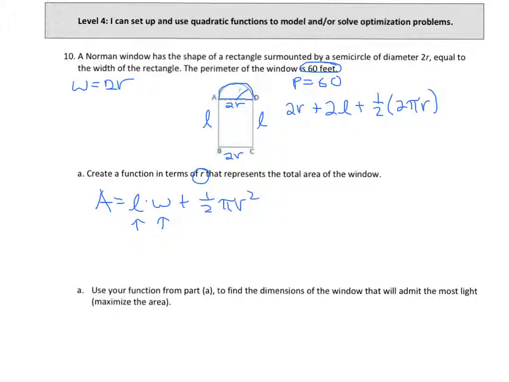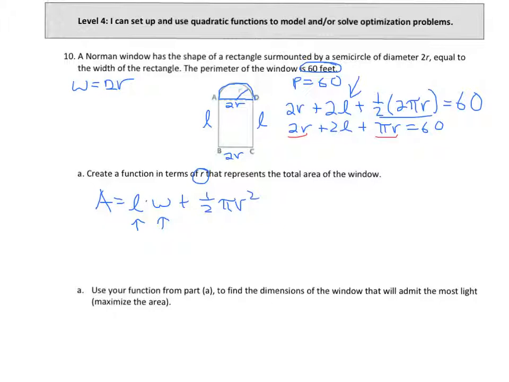This represents the perimeter of this figure, which is equal to 60 feet. Now my goal is to have an expression for L in terms of r, so I'm going to solve for L. I can simplify a little bit: 2r plus 2L plus pi r, since the 1/2 and the 2 cancel, equals 60.